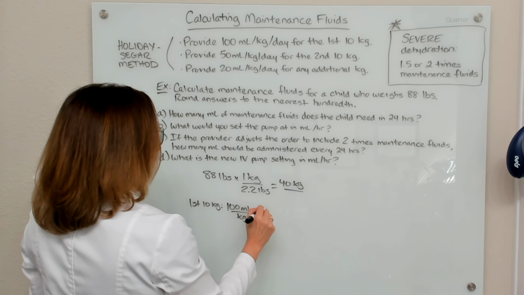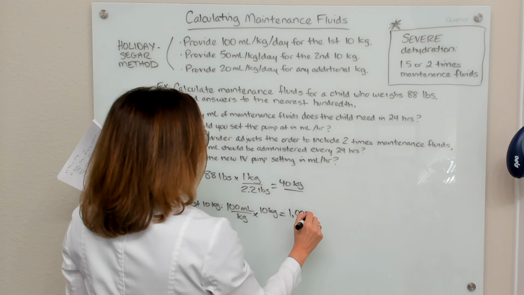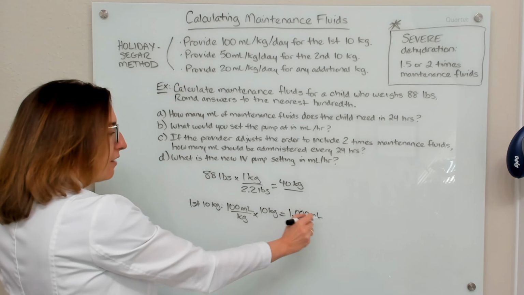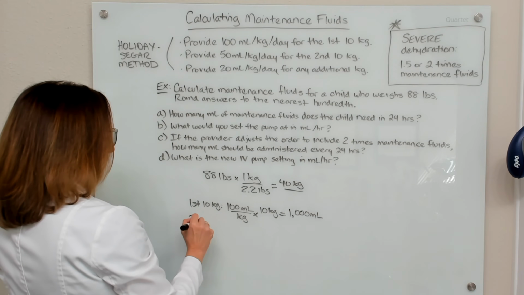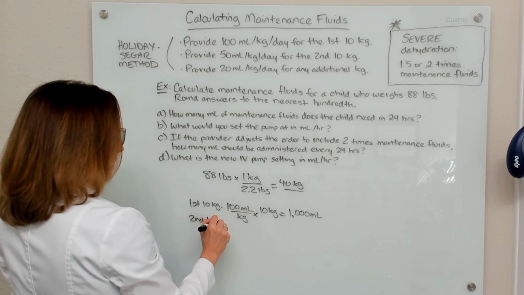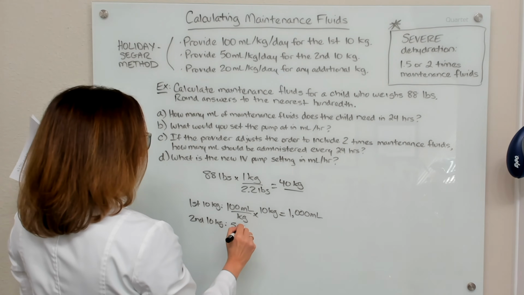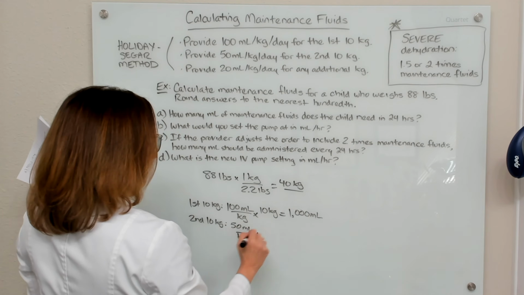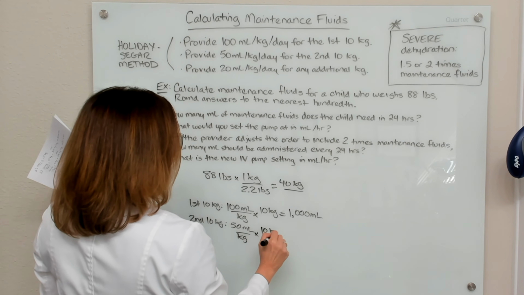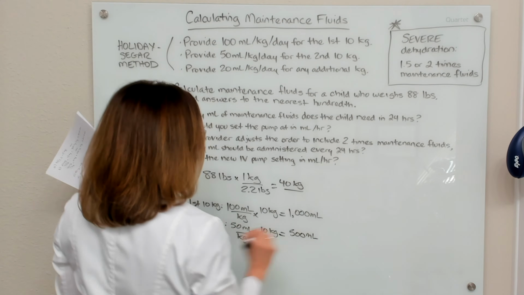So I would multiply that times 10 kilograms, and that means the patient needs 1,000 milliliters for that first 10 kilograms. For the second 10 kilograms, our patient would get 50 milliliters per kilogram. So I would multiply that times that second 10 kilograms, and I would get 500 mLs.